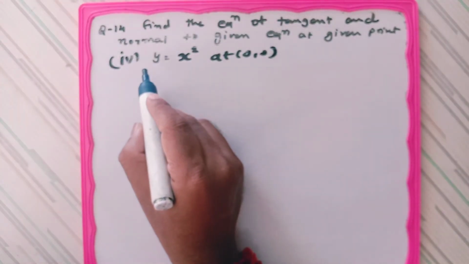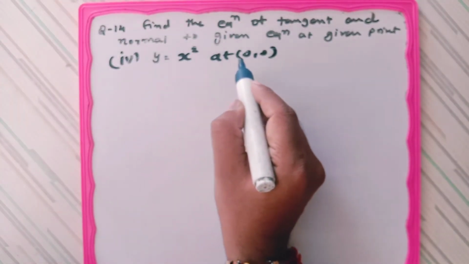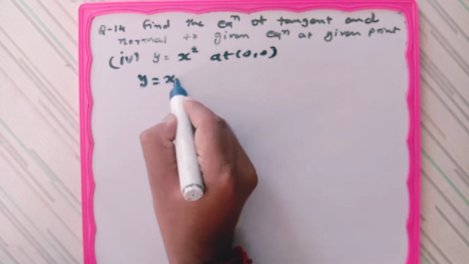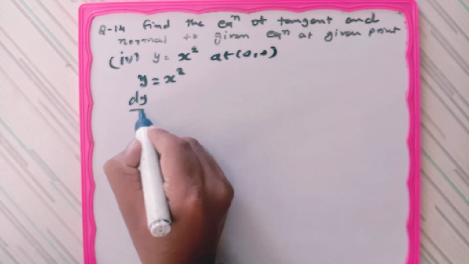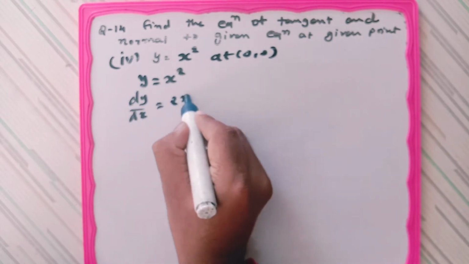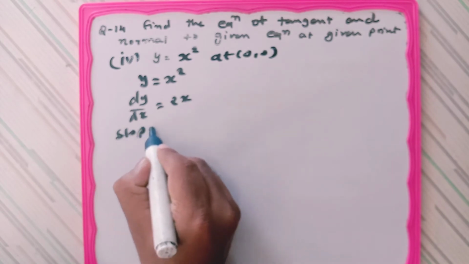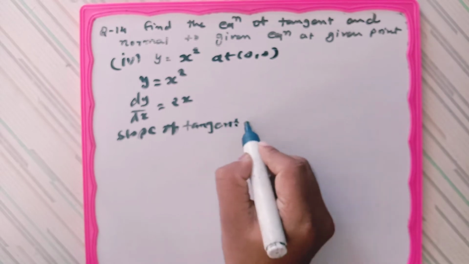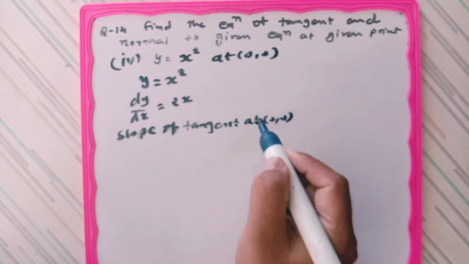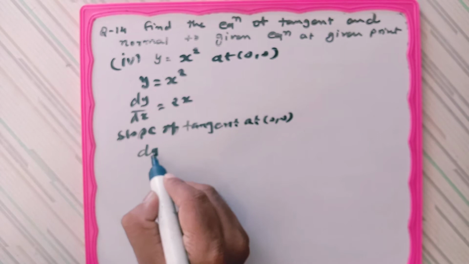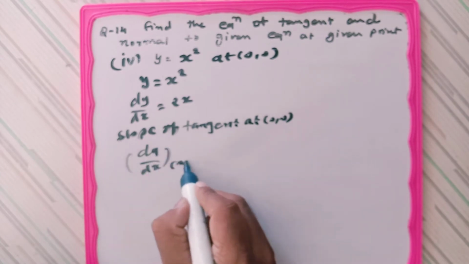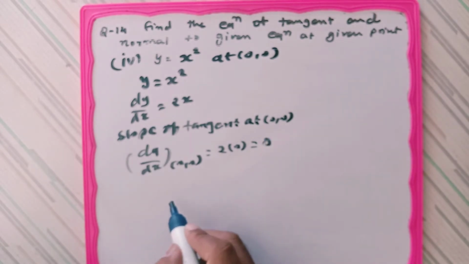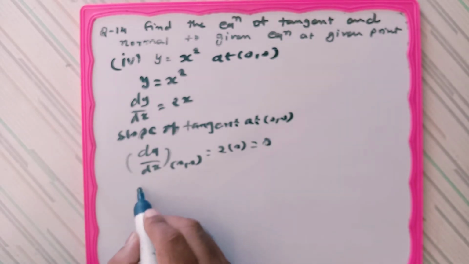Question 14, first question: y equals x square at (0, 0), we have to find the normal and tangent. So y equals x square, we differentiate with respect to x, and we will have 2x, and the slope of the tangent at (0, 0) will be dy by dx at (0, 0), which is 2 into 0 equals 0.